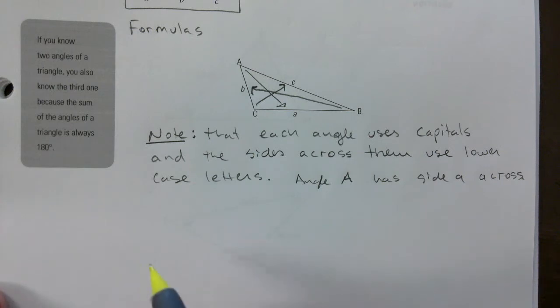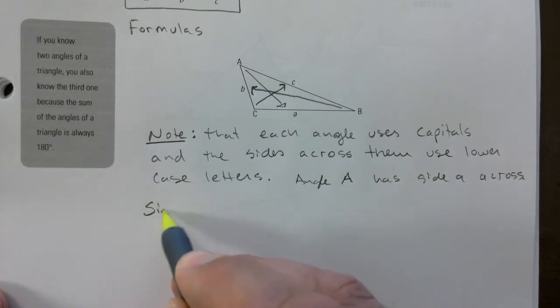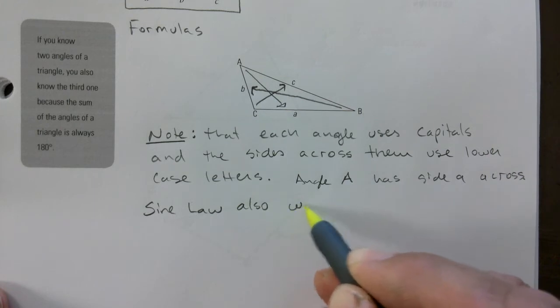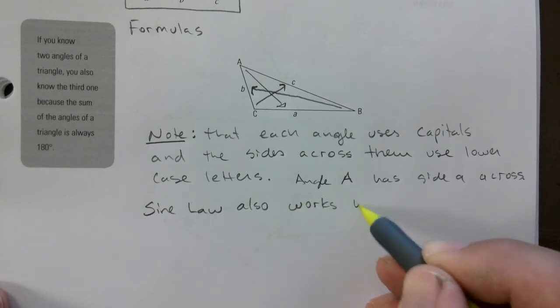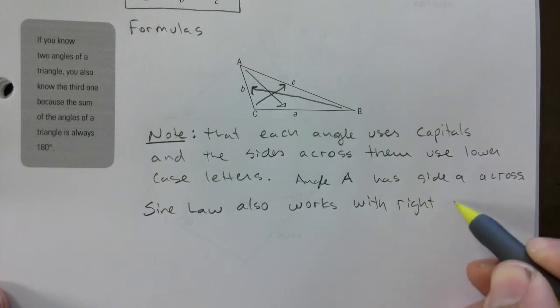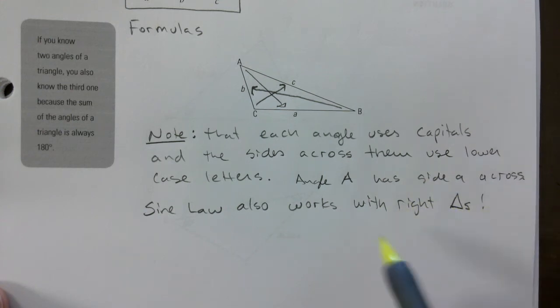And I will also add this. I wanted to add that further up. I will just say the sine law also works with right triangles. I need you to know that, right?